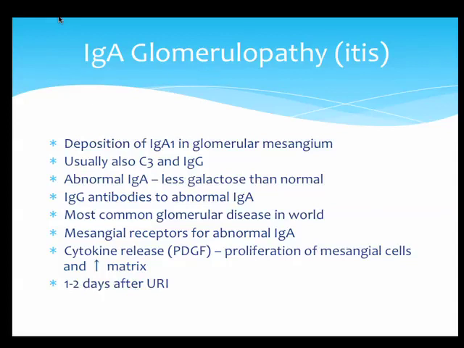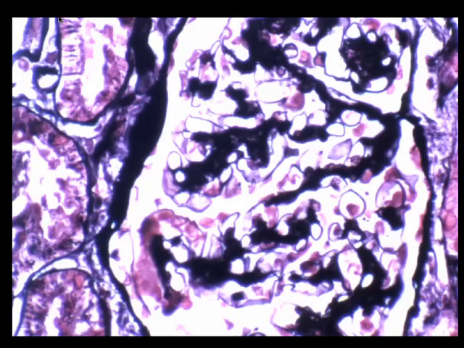This characteristically will come on 1 to 2 days after an upper respiratory tract infection, probably because IgA is the common immunoglobulin found in the respiratory tract, and an upper respiratory infection stimulates the release of this abnormal IgA into the circulation. This is a picture of a patient with IgA glomerulopathy with very marked proliferation and increase in mesangial matrix.